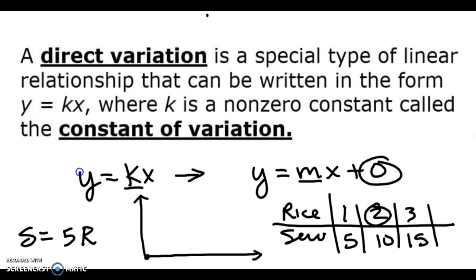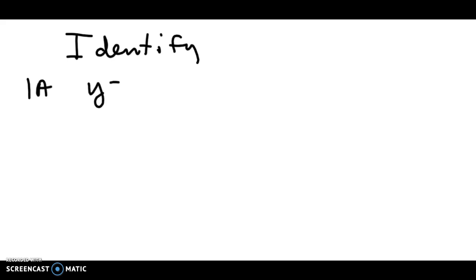If we look at example 1, it says identifying direct variation from an equation. We're going to identify by looking at the equation. Example 1a says, here's our equation, y equals 4x. Well, we can go back and think, is that similar to y equals kx?